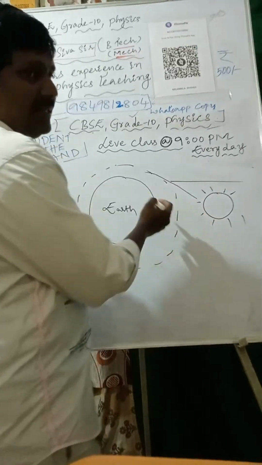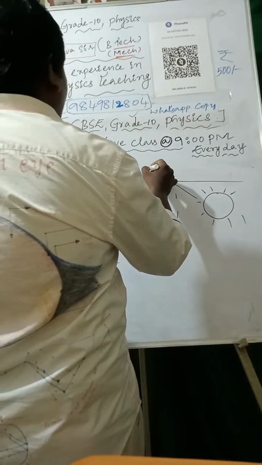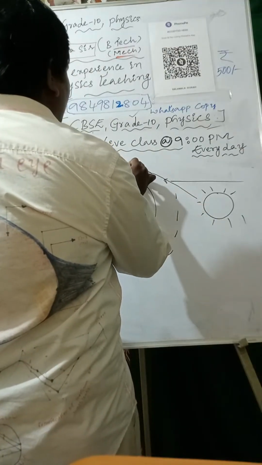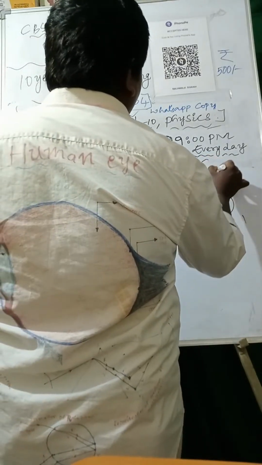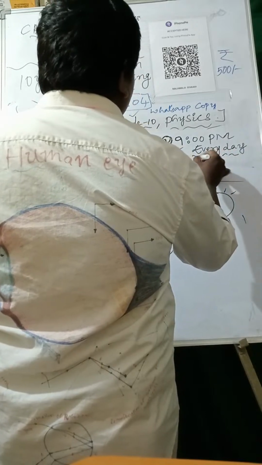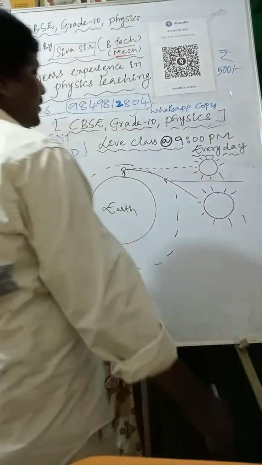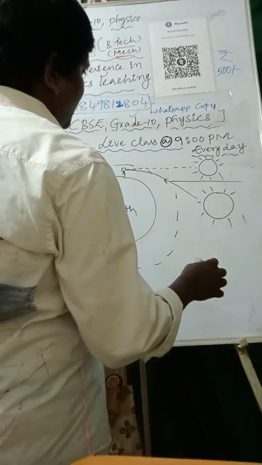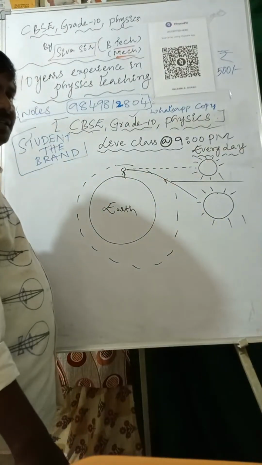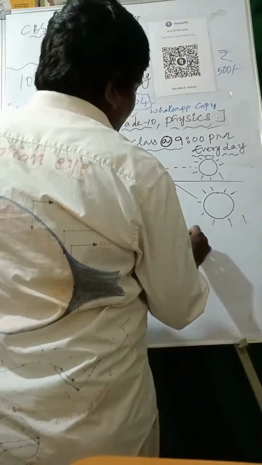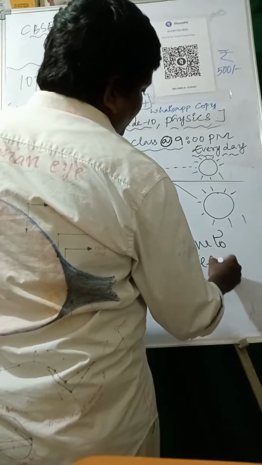Whenever light rays enter through the atmosphere, they bend. I'm standing here, so it will come like this, and the sun appears here. Because of atmospheric refraction, the sun appears here, due to the refraction of light by the Earth's atmosphere.